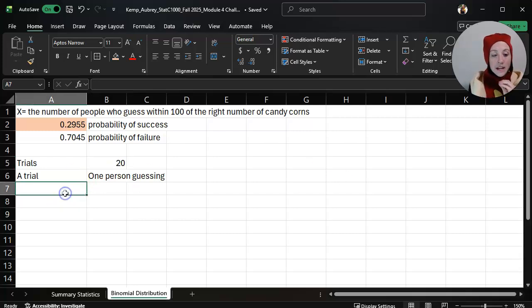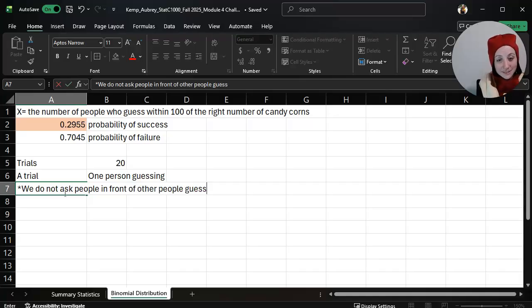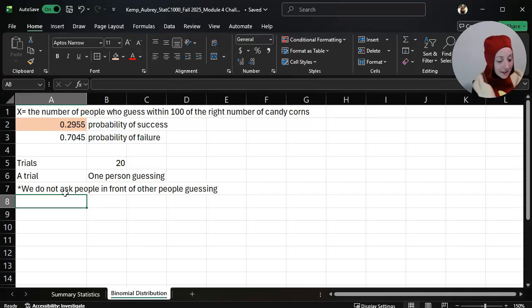Now, I want to add an asterisk to our experiment: when we ask people, we do not ask them in front of other people guessing. I'm adding this to make sure that our trials are independent. This is also the same reason that in our discussion board, when you made your guesses, I made it so you couldn't see what other people were guessing before you made your own guess.